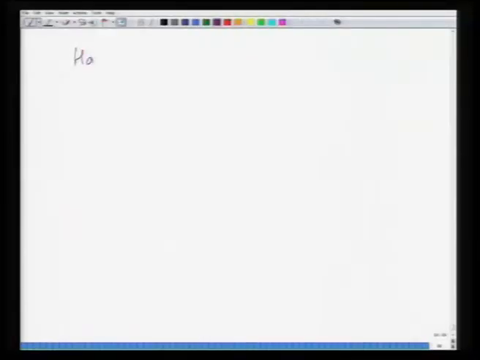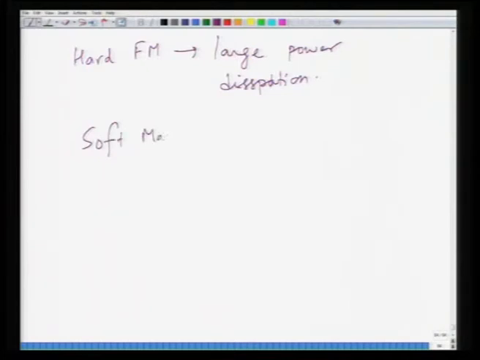So, soft ferromagnets have a smaller power dissipation as compared to hard ferromagnets. In general, hard ferromagnets have larger power dissipation.